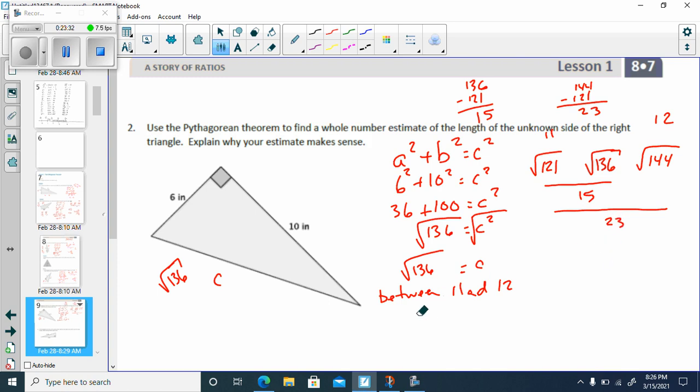So we're talking about, let's see, about 11 and 15/23, right? Okay, 15/23. Let's divide 15 by 23. So that's about 150. You have to put your decimal there.